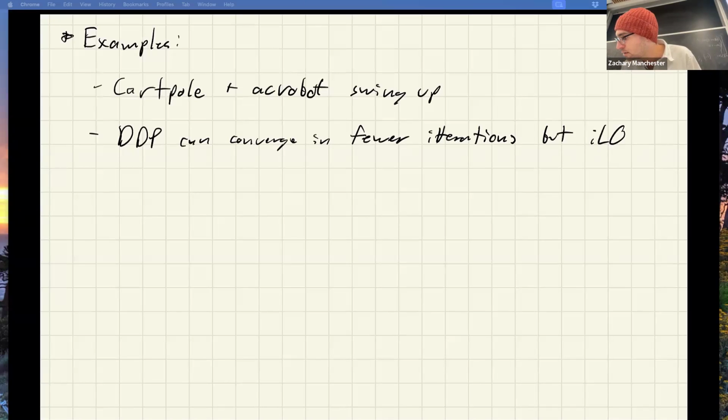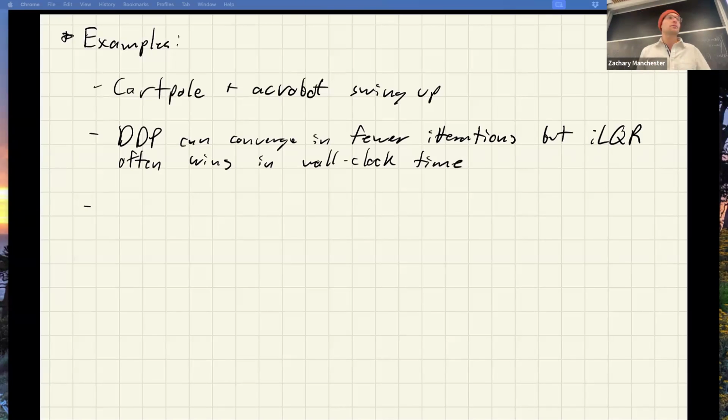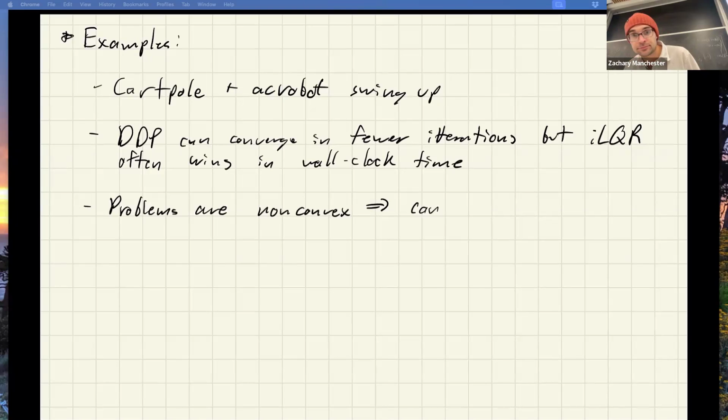But iLQR often wins in wall clock time because the iterations are cheaper. What else? And yeah, in general, these problems are non-convex, which means in general, you can land in different local optima based on your initial guess.